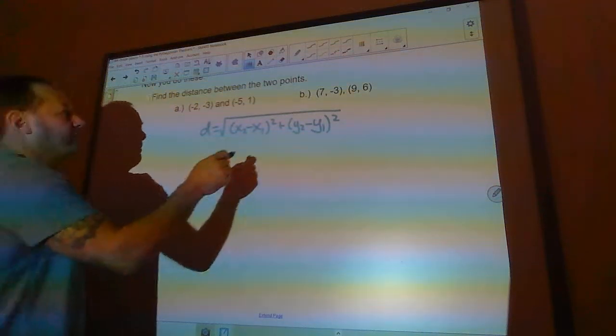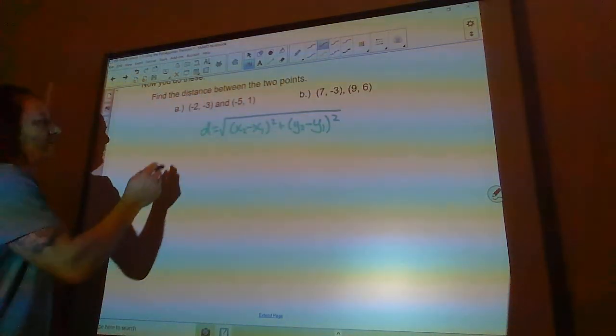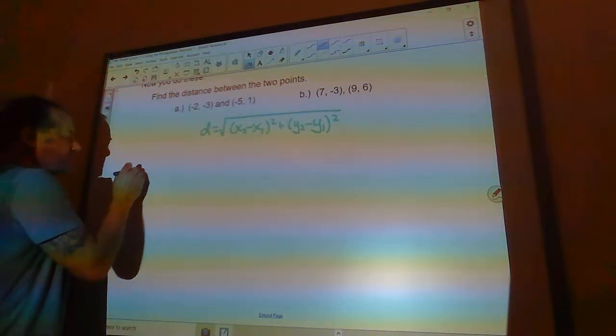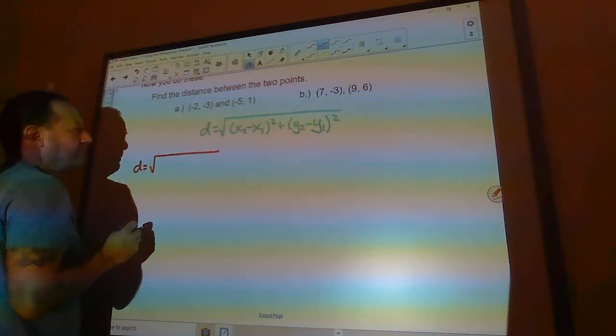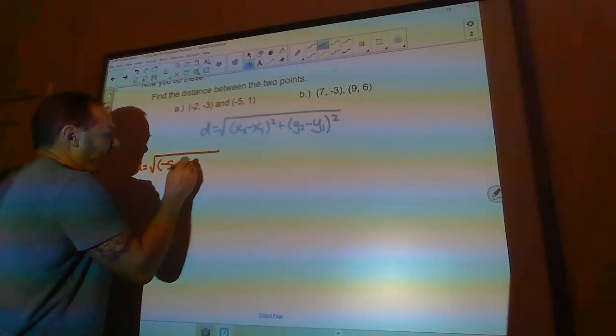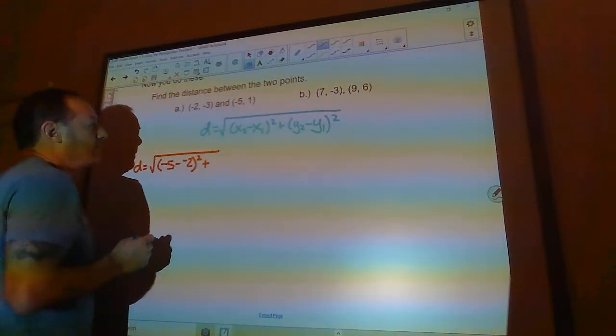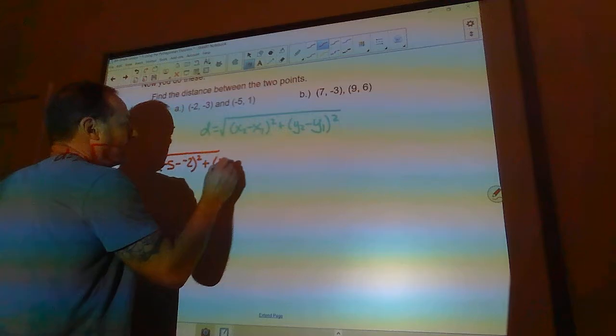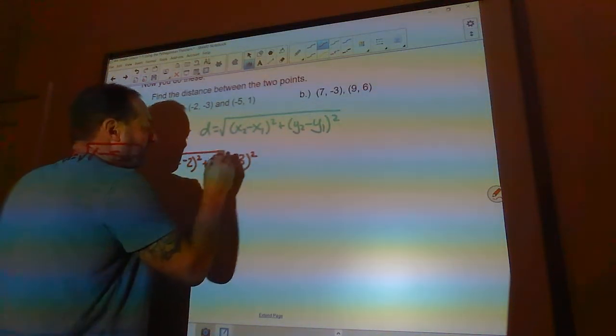It's going to work for both of these problems, so I'm going to go ahead and just do this one here. So the distance is going to be the square root of -5 minus -2 squared plus 1 minus -3 squared.